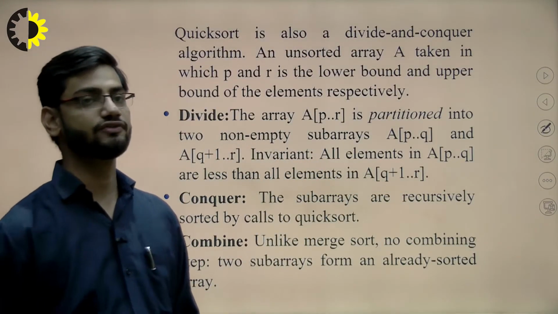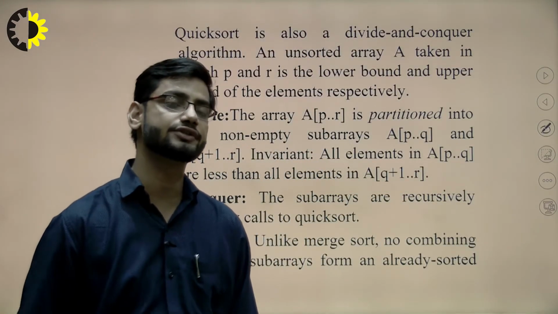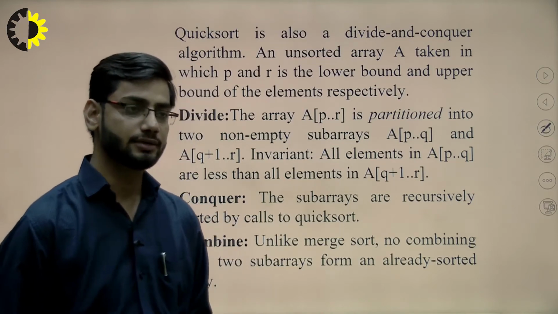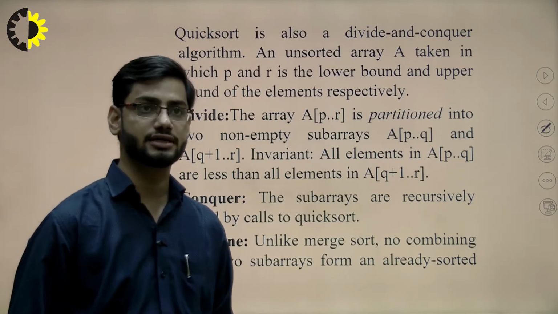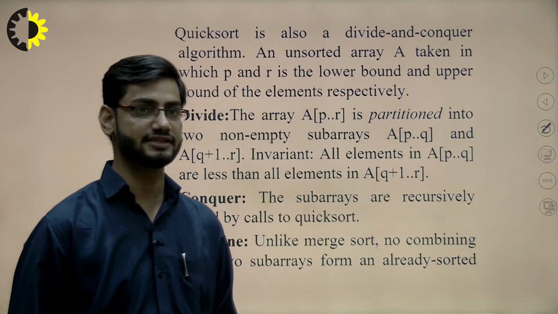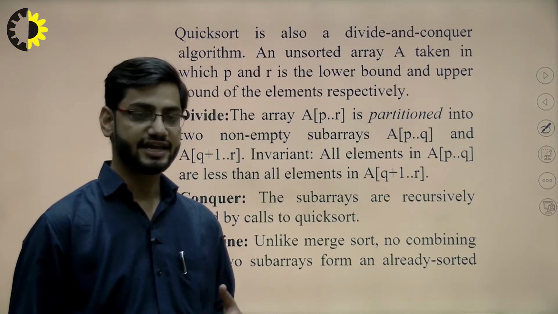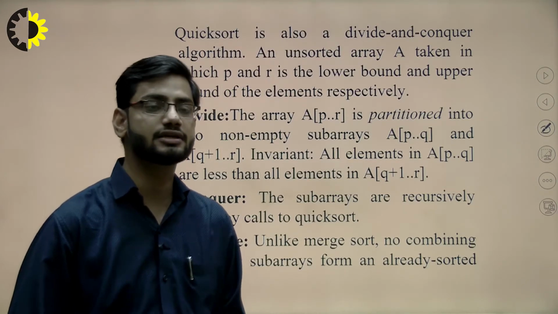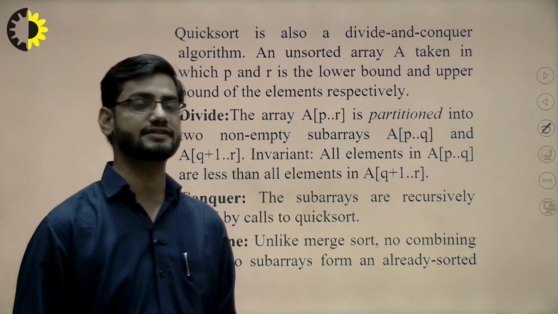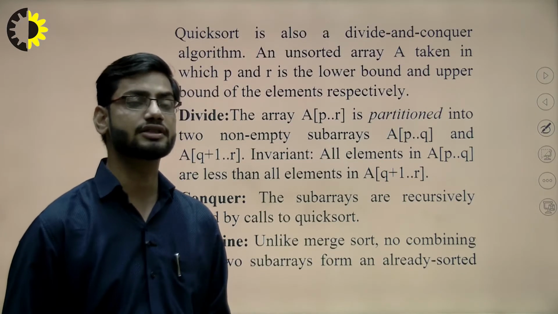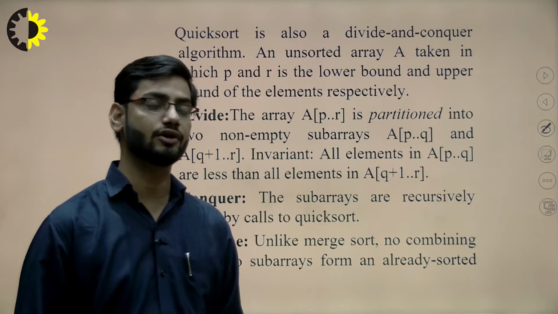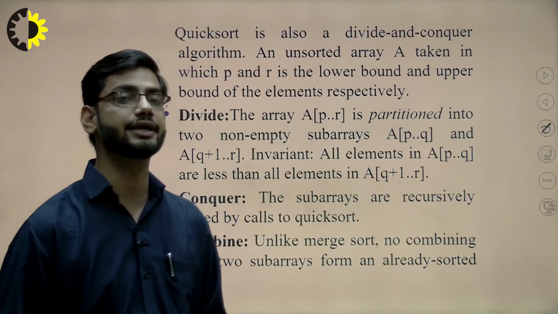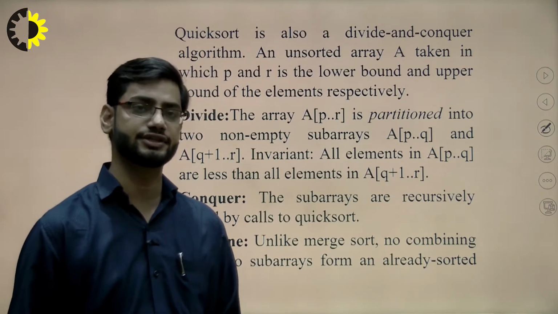So first of all, we are starting with quicksort. Quicksort is based on the divide and conquer approach of algorithm designing. I have briefed various algorithm designing approaches in the previous lecture. The various approaches are divide and conquer, dynamic programming, greedy approach, backtracking, and branch and bound.